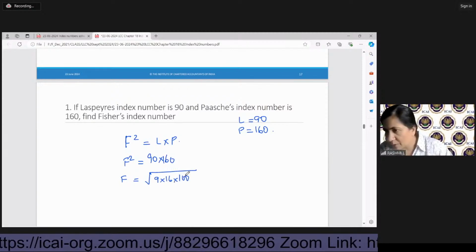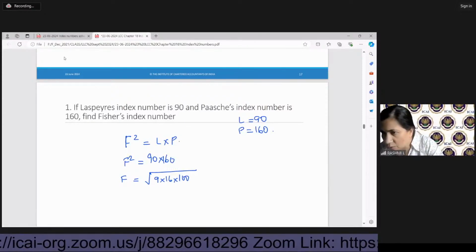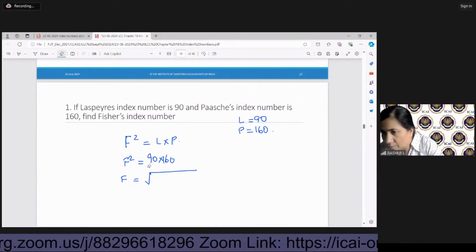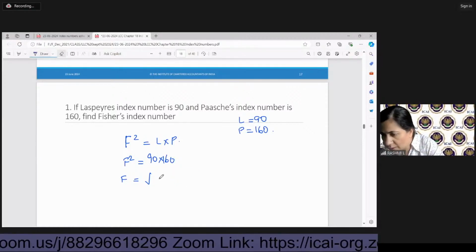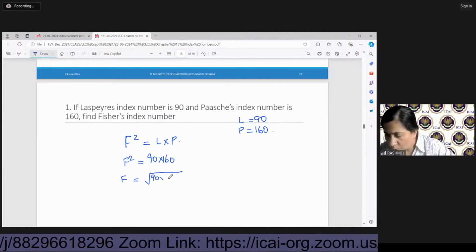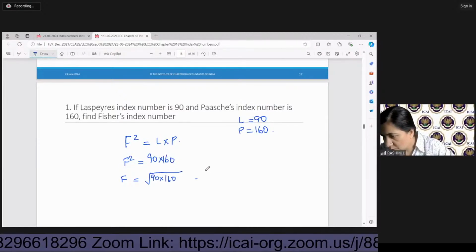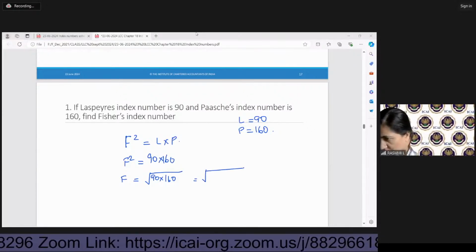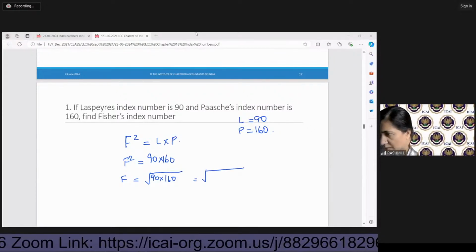Or I can simply directly also do it. There is no need. Okay, so I will have square root of 90 into 160. What is the 90 into 160? 120. Vishwa is saying 120.